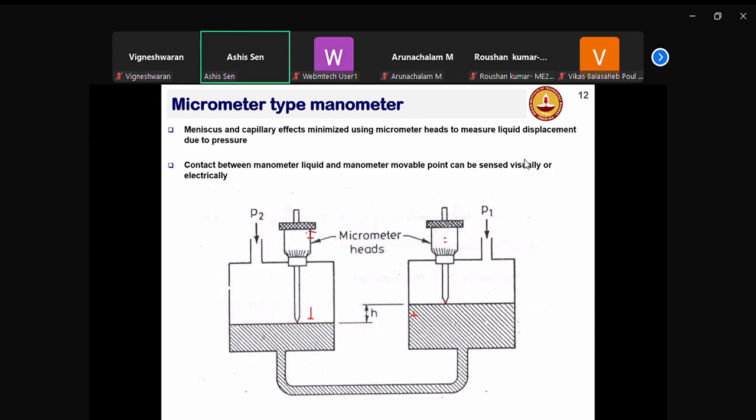Let's say you have things like a linear variable differential transformer, LVDT, to measure the displacement that this thing has to go up and this thing has to go down. So you can measure either mechanically by looking at the scale or electrically. Okay, so there is some special arrangement to read the height level very accurately when that becomes critical.